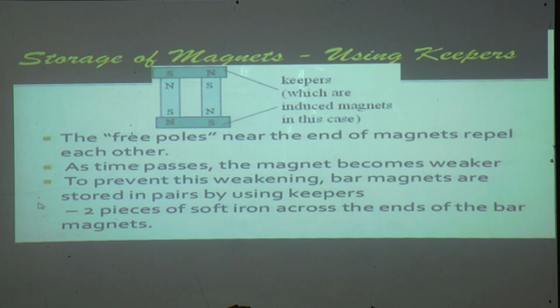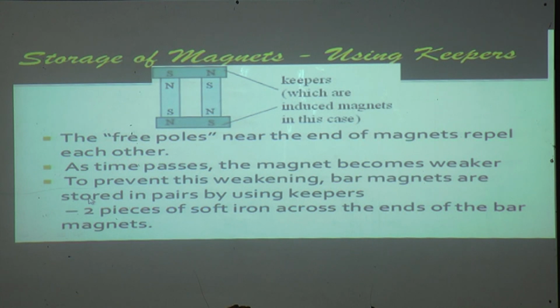Then storage of magnets. We should keep or store these magnets very carefully. Why? Because if we do not keep these magnets properly, they will lose their capacity of magnetism. The free poles near the end of magnets repel each other. So like this we have keepers, which are induced magnets in this case. These are induced magnets on both sides, and these are called keepers. As time passes, the magnet becomes weaker.